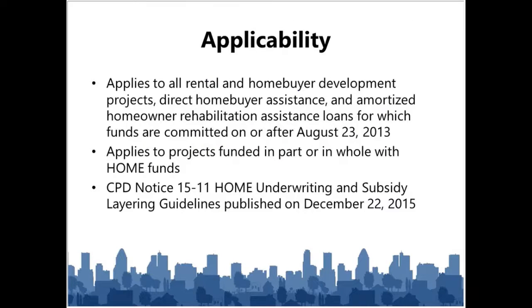So the underwriting requirements are going to apply to all of your rental projects, your homebuyer development projects, and also apply to our homebuyer assistance when we're providing down payment assistance. And then keep in mind, if you were to provide your HOME funds in a homeowner rehabilitation program and you made those in the form of an amortized loan so that folks were actually going to make payments, then we would also have to do underwriting because we want to make sure that this is going to be affordable and sustainable.